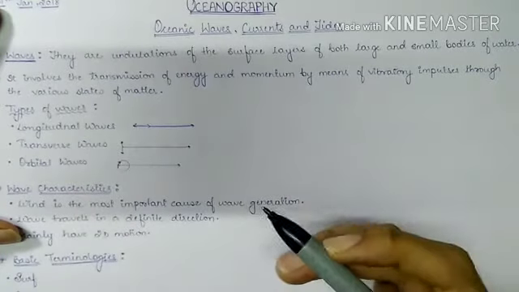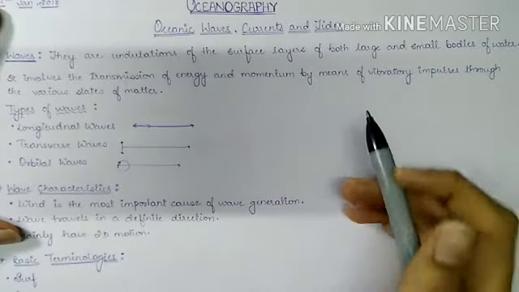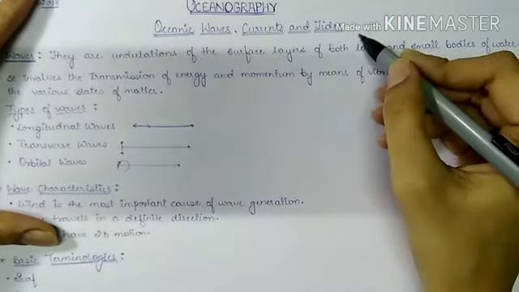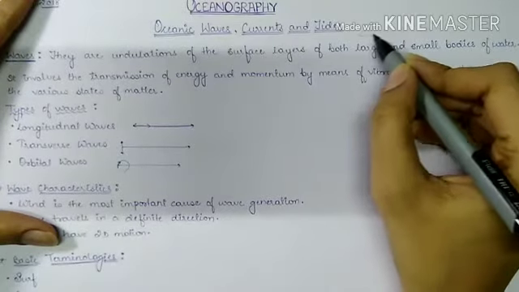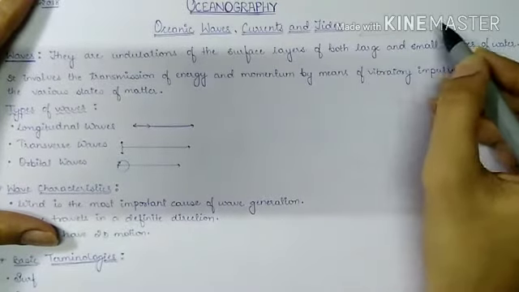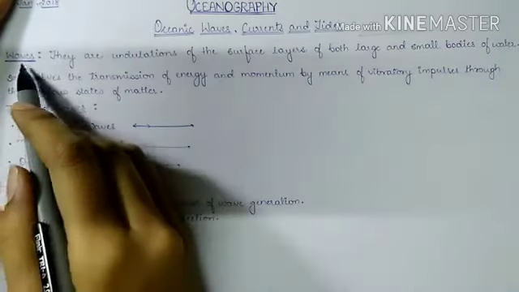Oceanic waves are undulations in the surface layer of both large and small bodies of water. Whatever undulation that we see on the surface layer of the water body is known as waves.